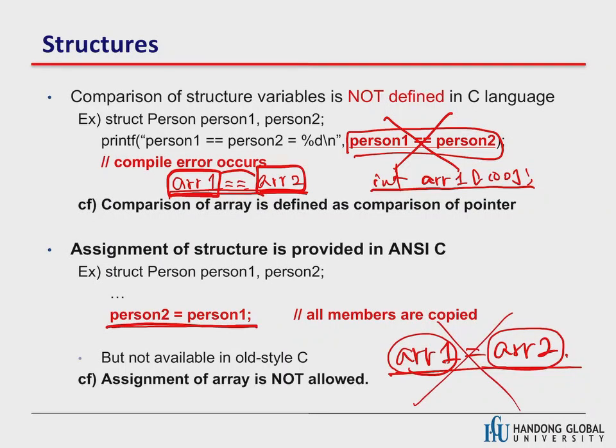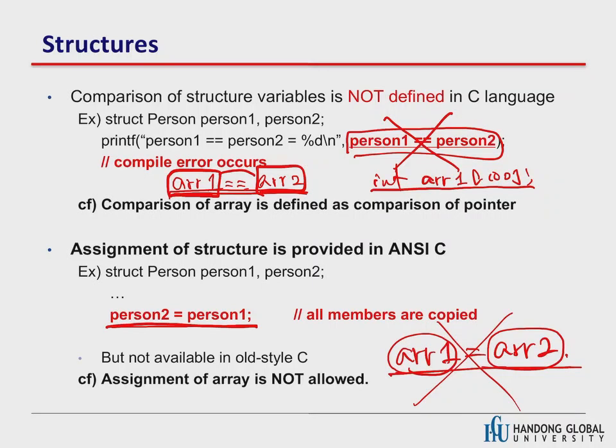Arrays and structures have similar and different aspects. They are both collections of values, so in that sense they are similar, but arrays are for homogeneous elements, and structures are for heterogeneous data types.